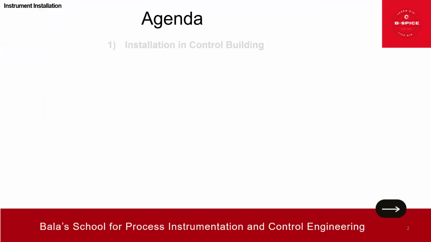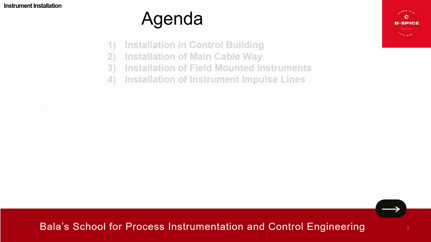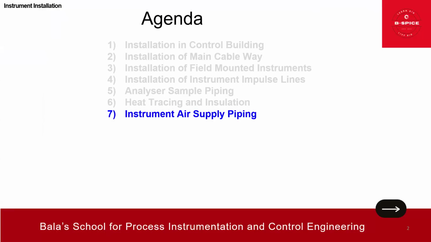Okay. So again, if you are a first time viewer, I wanted to inform you, installation of control building and main cableway we covered in part 1, and field mounted instruments we covered in part 2. Installation of instrument impulse line and analyzer sample line, part 3, and heat tracing and installation in part 4.